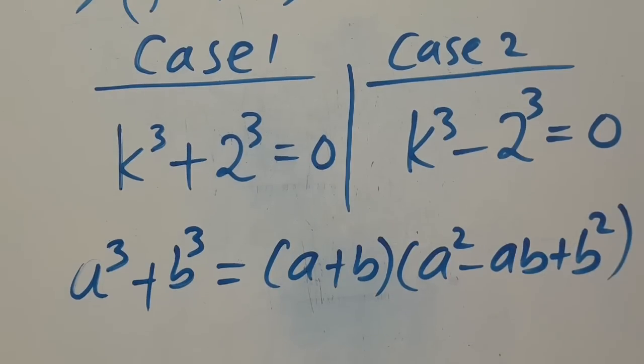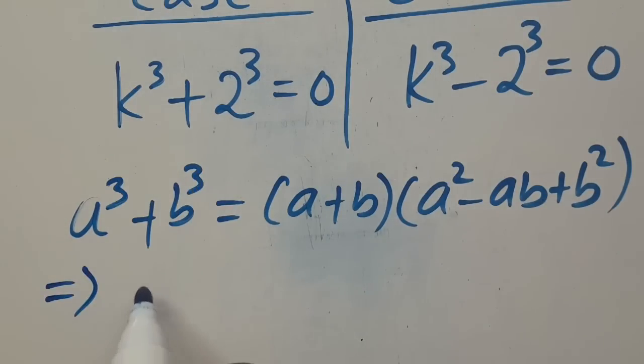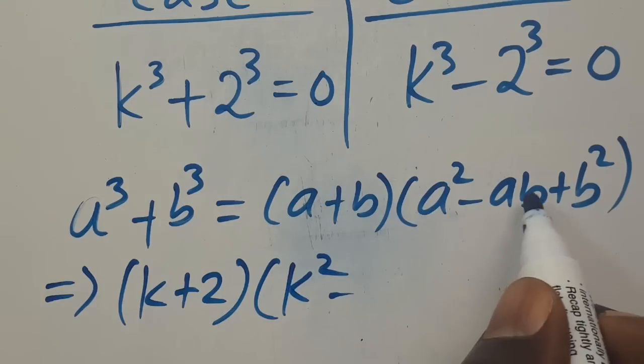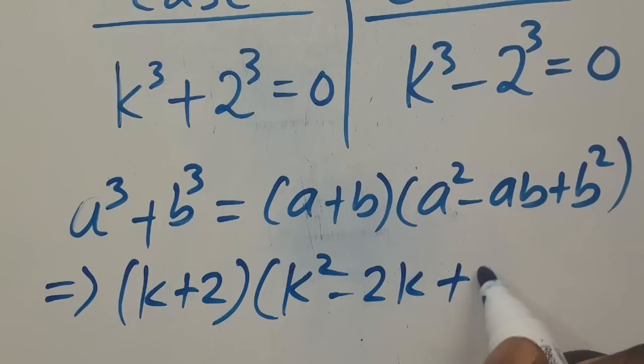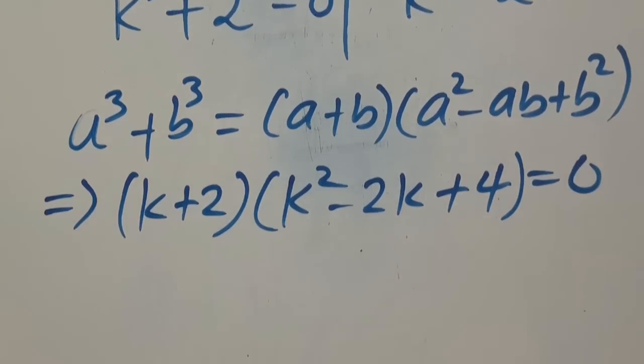So where we have a to be k, and b to be 2, this implies we have k plus 2, all in bracket. Then a square will be k square, minus ab will be 2k, plus b square will be 2 square, which is 4. Then we set everything equal to 0.